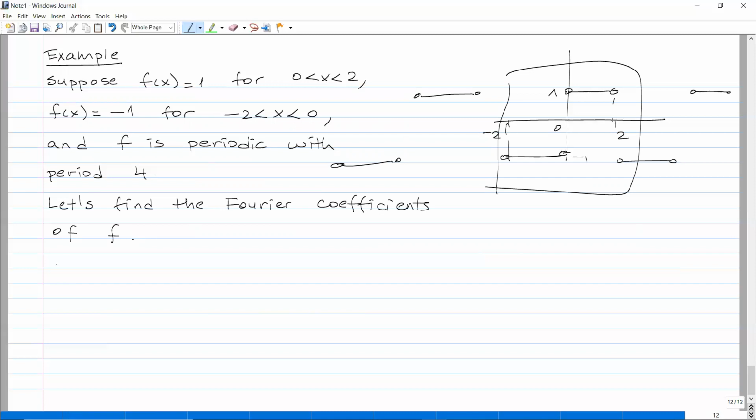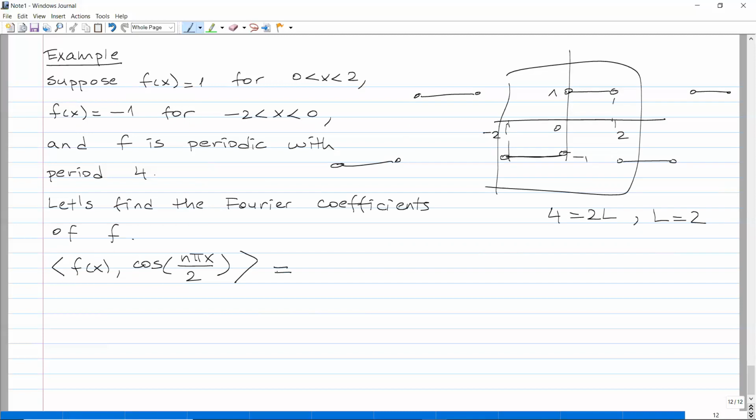Okay, so we need to consider first the inner product with cosine of n pi x over L. What is L? L here is 2. Period is 4. Remember, period is equal to 2L. So L is equal to 2.